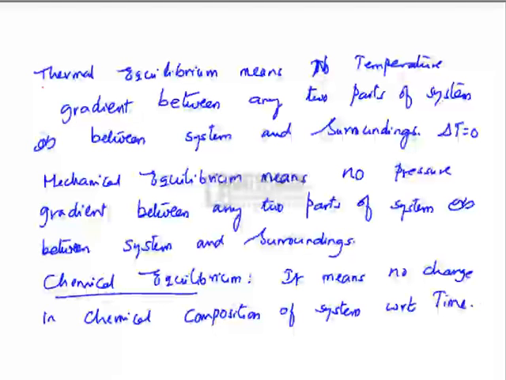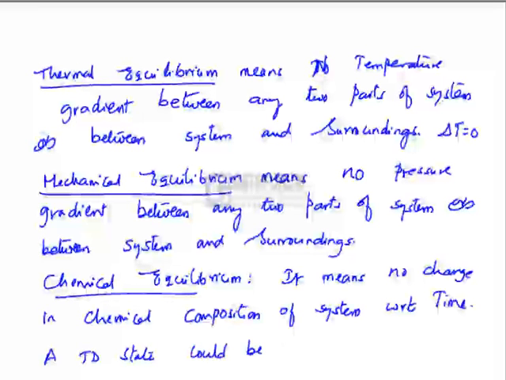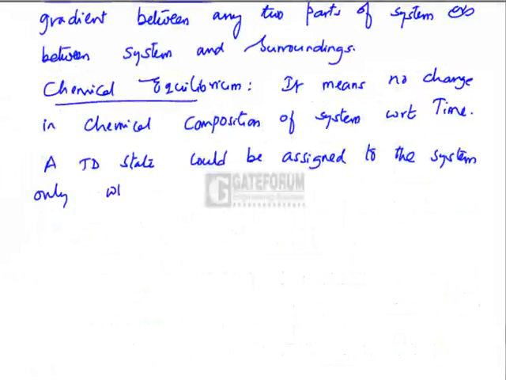Only when all the three equilibriums are satisfied is the system said to be in thermodynamic equilibrium. A state could be assigned to the system only when it is in thermodynamic equilibrium. Then only it could be indicated on a thermodynamic plane.